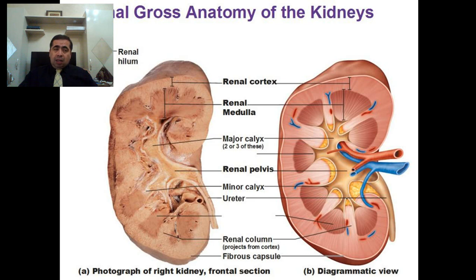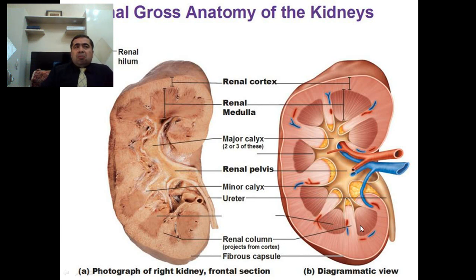But why is the renal cortex dark? Because the convoluted tubules, proximal and distal convoluted tubules, are present here, and in cross section they give the kidneys the dark color. And also the renal medulla is formed by the renal pyramids.